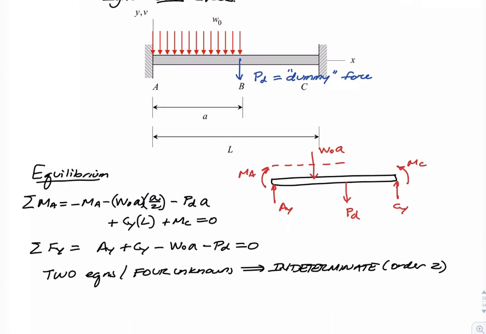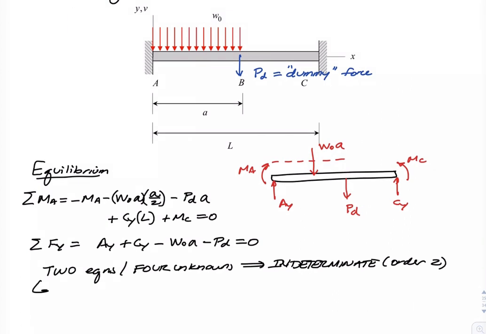The implications of the order 2 is that we need to choose two redundant reactions. That's our choice. I'm going to arbitrarily choose MA and AY.